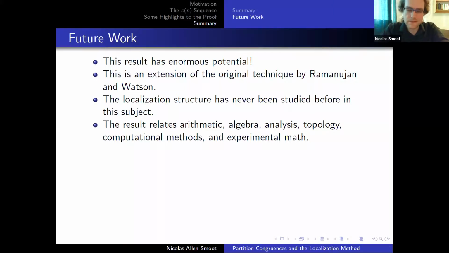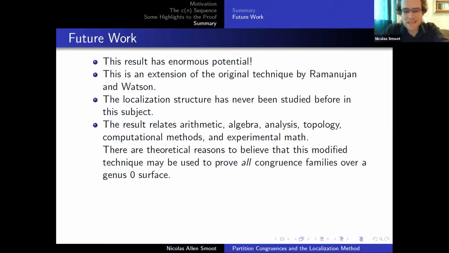I'm amused by this. This is an empty bullet point, but still kind of neat. So this result uses some arithmetic techniques, some algebraic techniques, some analysis, some topology, some computational stuff, a lot of experimental stuff. So it's a neat combination of all these results.